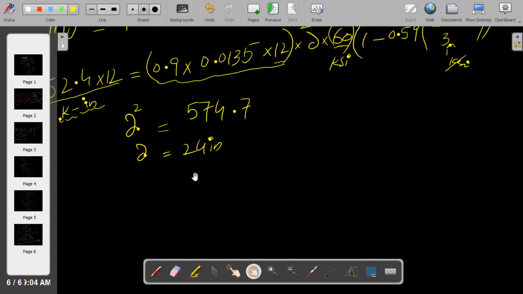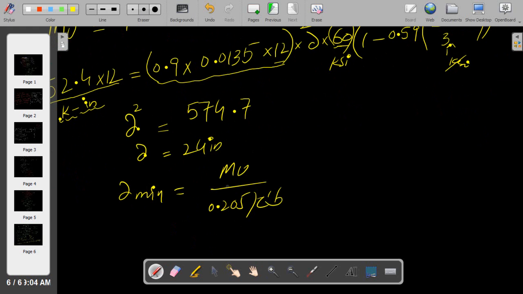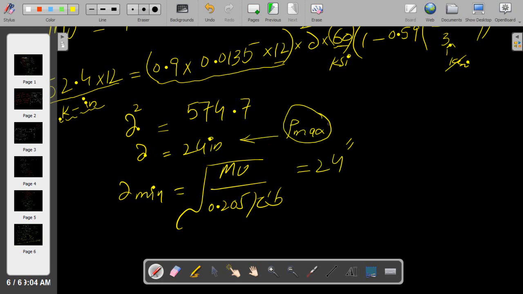Now you can see this 24 inches is already derived from the D minimum formula, that is mu divided by 0.205 fc prime into B. We have already found the value of D, that is 24 inch. This value D is based on rho max, and the equation of rho max which we used is based on epsilon t, that is 0.005.